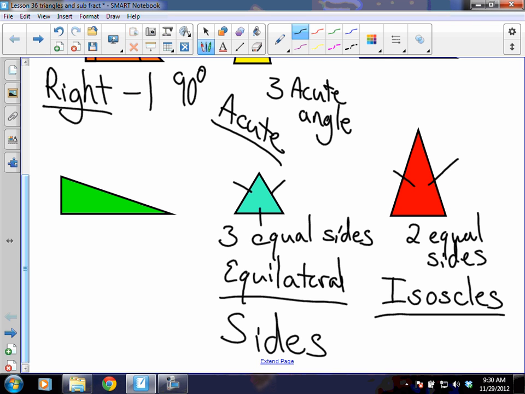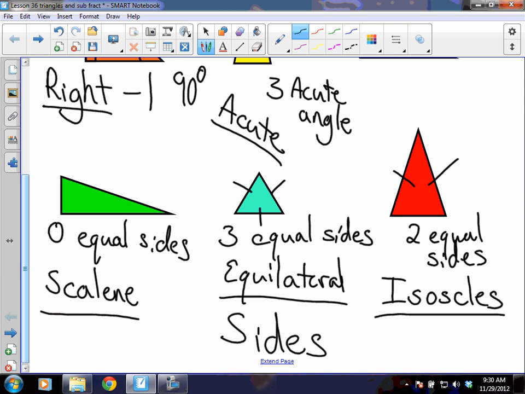So we have our second type, which means that the third type of triangle is going to have 0 equal sides. Looking at here, there's 0, and that's going to make it a scalene triangle. And so we have our different names.